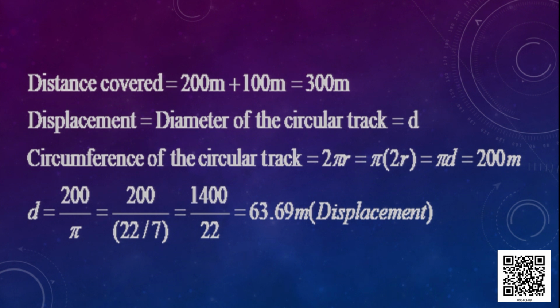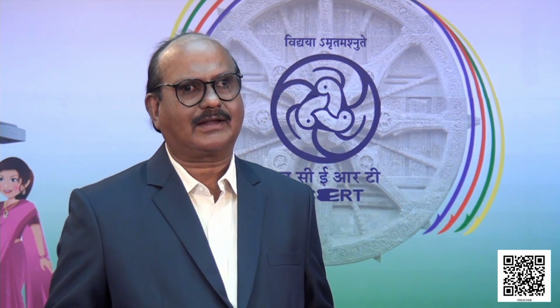Now from this, I need to find out the diameter of the circular track. So the diameter d equal to 200 divided by pi, equal to 200 divided by 22 by 7, equal to 1400 divided by 22, equal to 63.69 meter. So this is the displacement of Usha whenever she completes 1.5 rounds in that circular track, whose circumference is 200 meter.